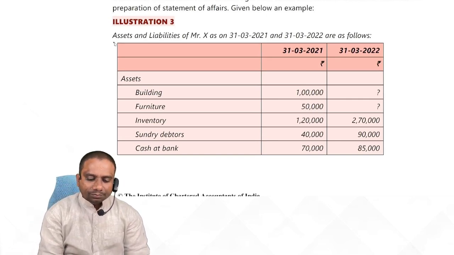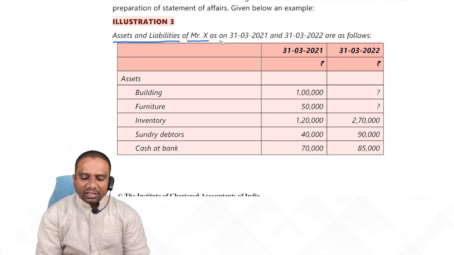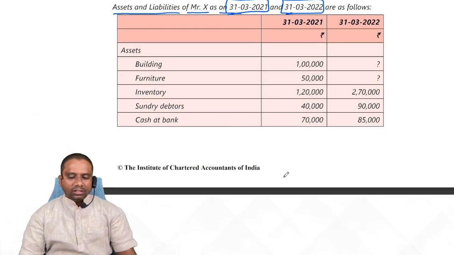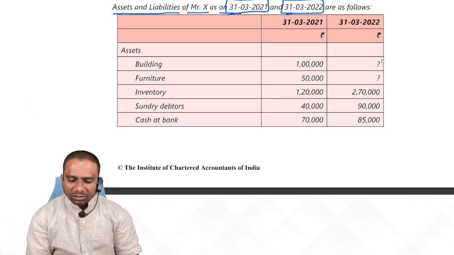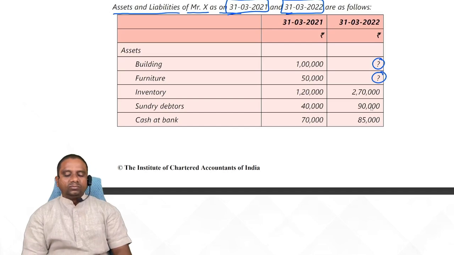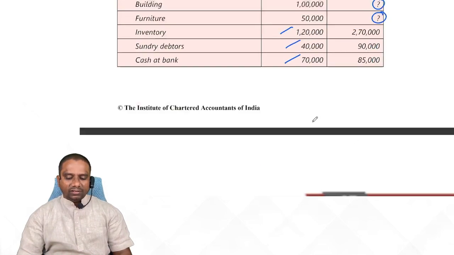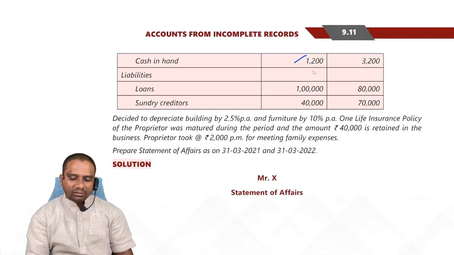Illustration 3. Assets and liabilities of Mr. X as on 31st March 2021 and 31st March 2022 are as follows. Here they have given assets, but some missing amounts are given. Building, furniture, inventory, sundry debtors, cash at bank, cash in hand, liabilities, loan, sundry creditors.